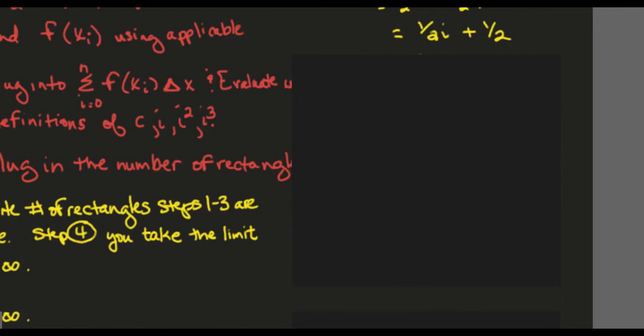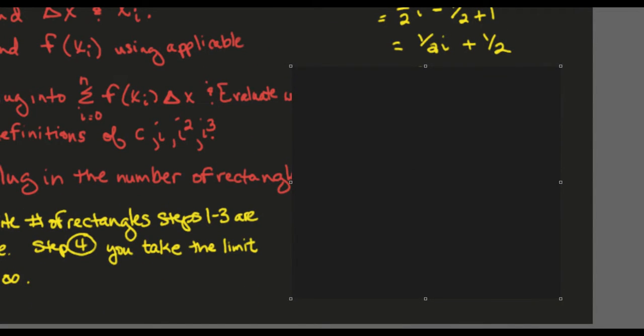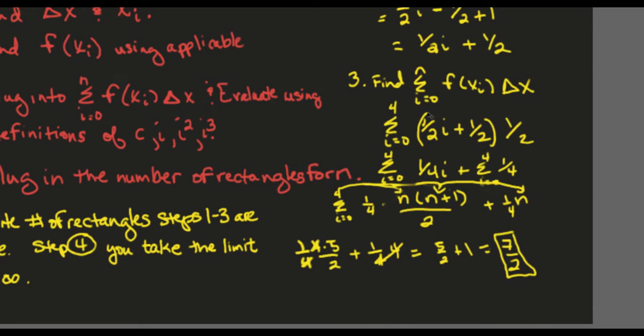Finally, you evaluate the main formula, which is the summation from 1 to n of f of x sub i times delta x. Our n is 4. There's your f of x sub i, which we calculated in step 2. There's your delta x calculated in step 1. Distribute the 1/2 through.